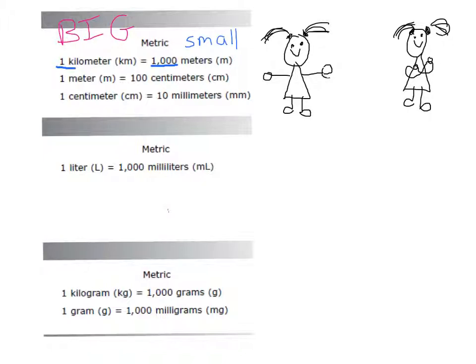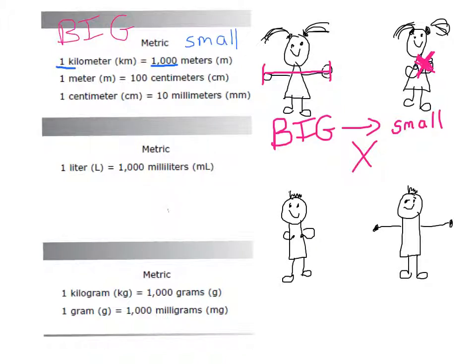If we're going with a very large unit, such as kilometer, you have the really big and then you're going to small, so if you imagine your arms spread out really big and then you bring them in and cross them over here, you can see you would have to multiply when you went from a big unit to a smaller unit. So when you go from big to small, you multiply.